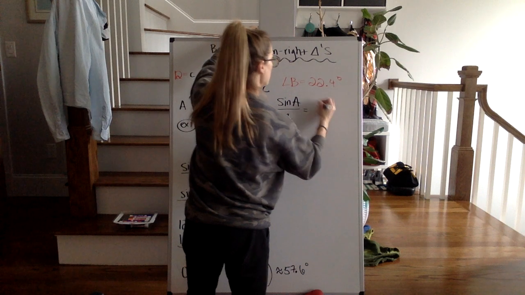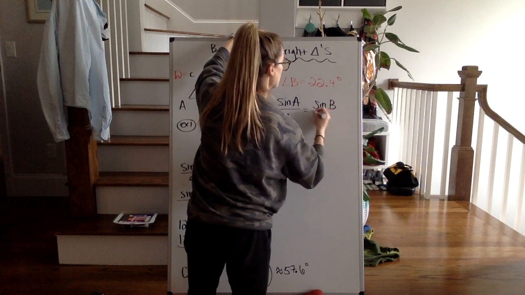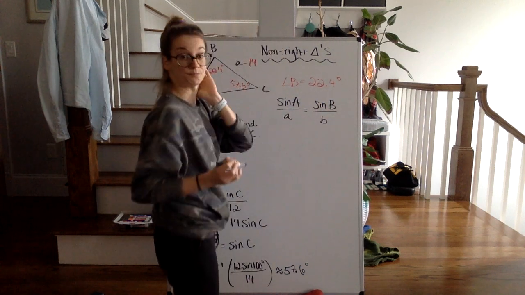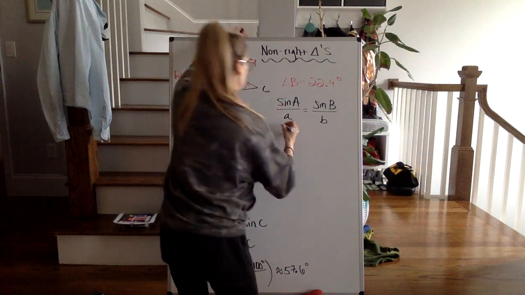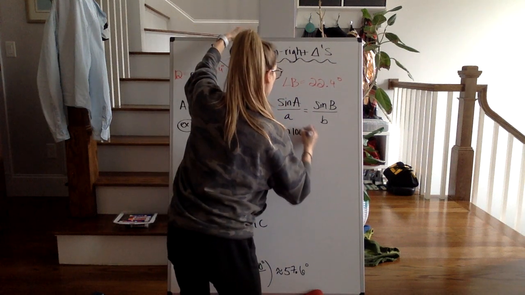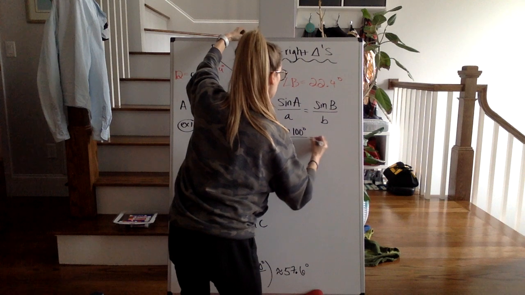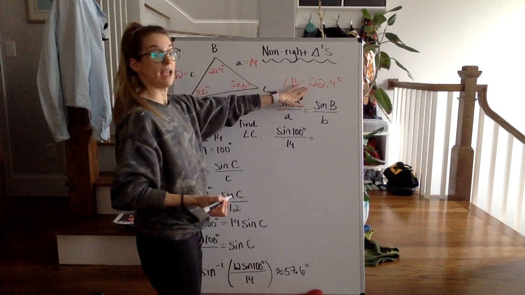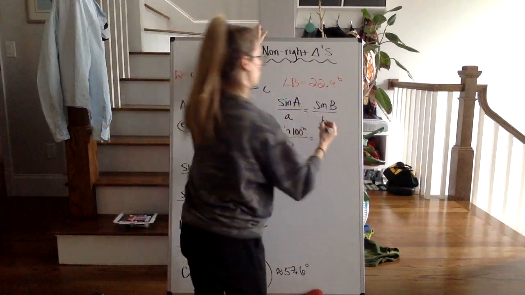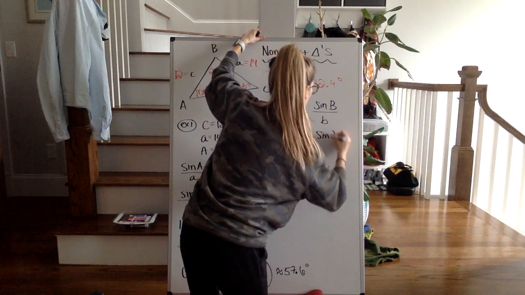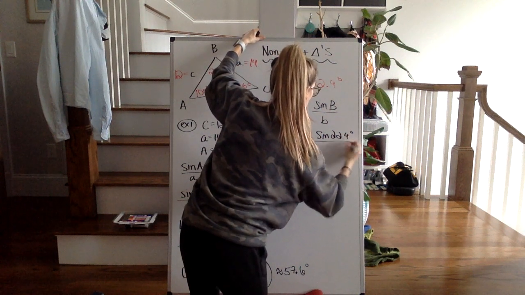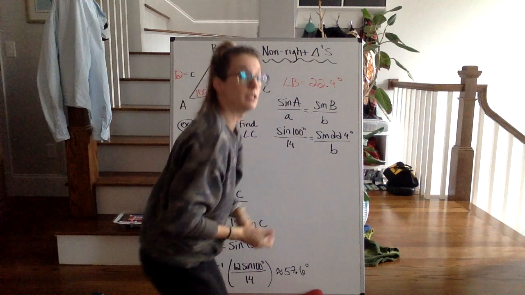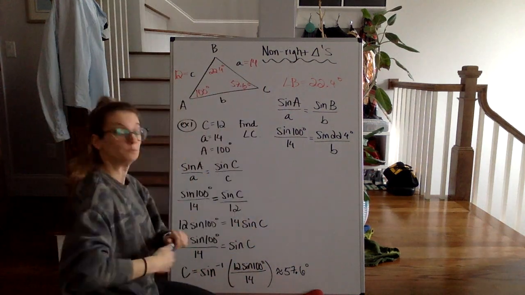Sine A over A equals sine B over B. And plug in what you know. Sine of 100 degrees over 14 equals the sine of angle B, which you just came up with because you know the triangle sum theorem, over side length B.